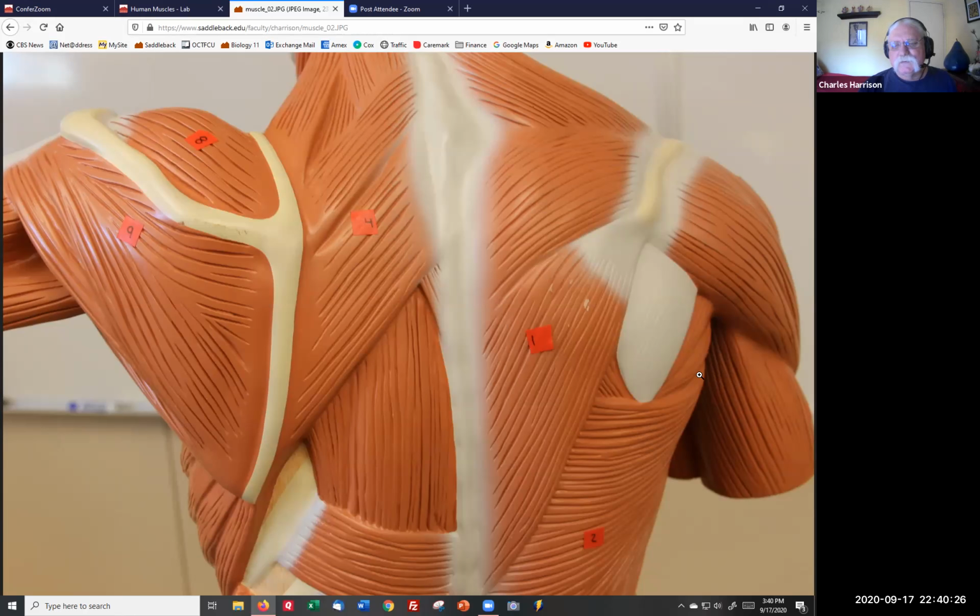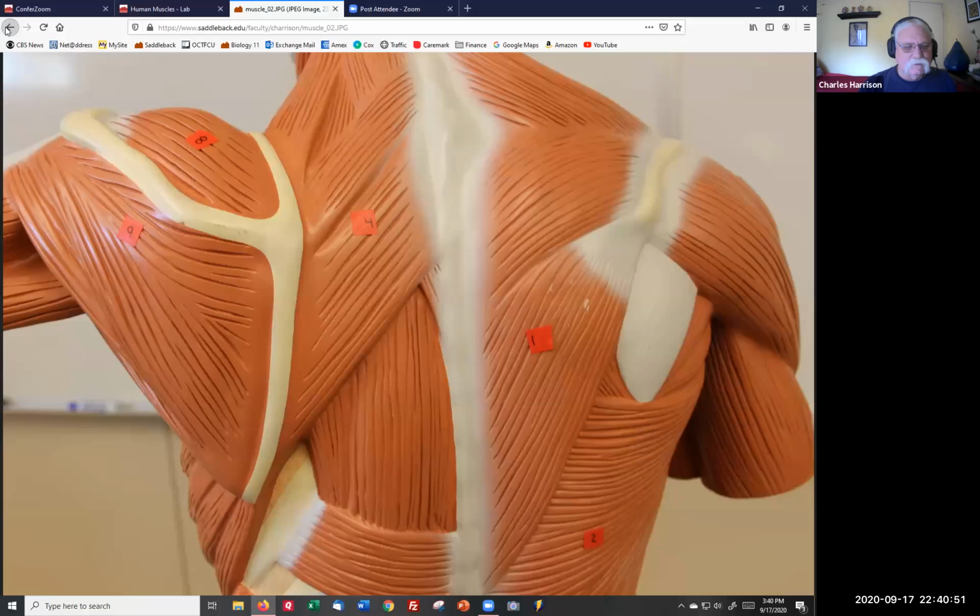It's going to the humerus. It's going to the humerus to pull the arm back. Now this side of the model has not been dissected as deeply as this side. This side has had the overlying tissue taken off.